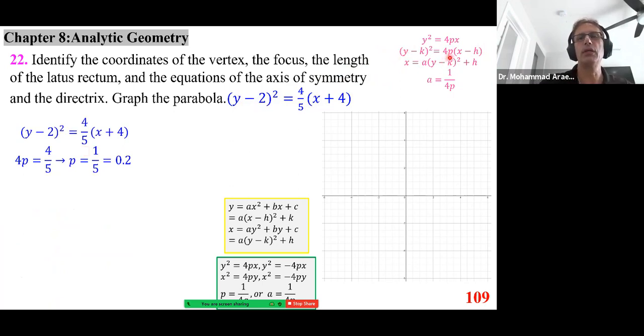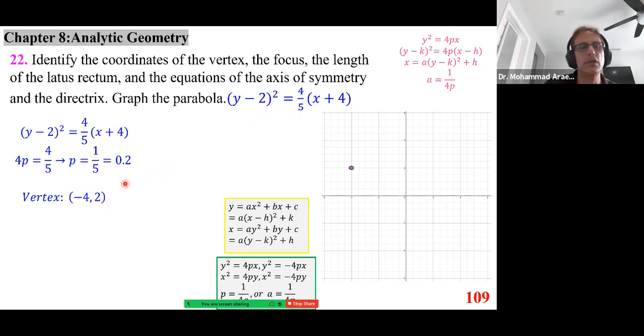4P is 4/5. So P, or the focal distance, is 1/5 or 0.2. The vertex is located at -4, +2. And if we want to know where the focus is, so basically put that in and then go 0.2 or P units to find the focus.